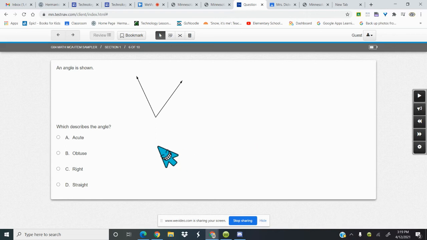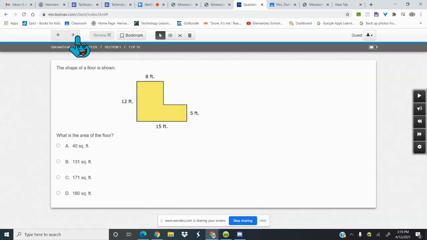Because acute and obtuse isn't a word we see all the time, if you don't know how to sound it out or read it, you might get the answer wrong. So press that play button. Just listen to what the reader has to say. And this would be an acute angle. All right, next one. Play it here.